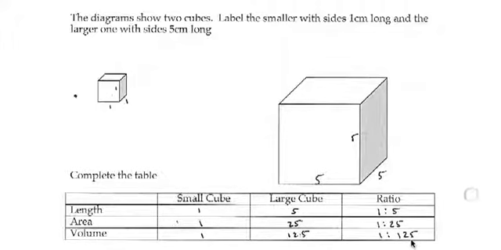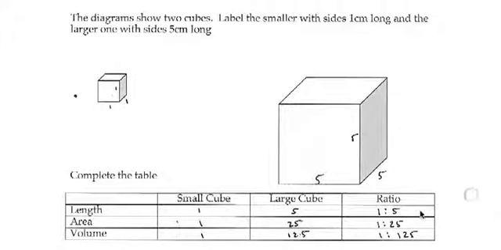Now, hopefully what you can see is whatever length or whatever ratio has been used for the lengths, it's the square of that ratio which relates to the areas, and it's the cube of this ratio that relates to the volumes. This is just like the units for lengths, areas and volumes.